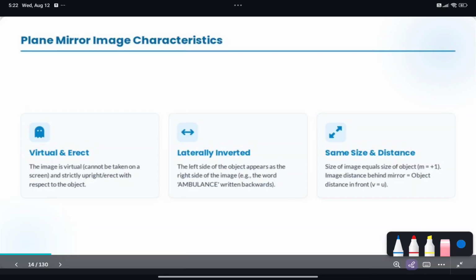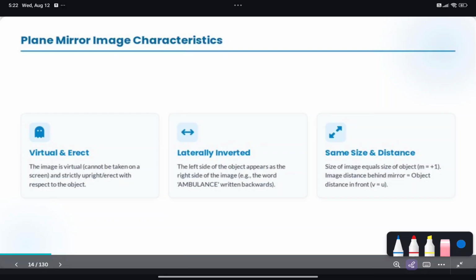Same size and distance. The height of the object, for example, is 1 meter. In the case of the plane mirror, the height of the image is also 1 meter only. Clear? The size of the object is equal to the size of the image. Here the 1 meter object gives a 1 meter image.